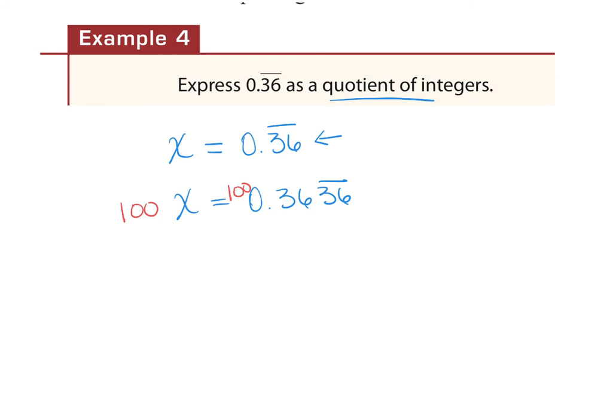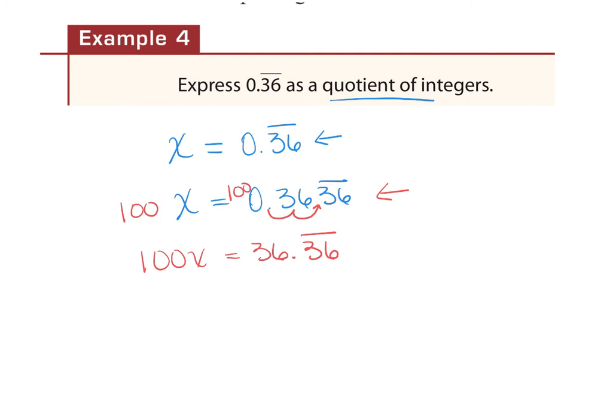So on this side, I'm going to get 100x. Multiplying a decimal by 100 just moves the decimal over 2 places. So this ends up being 36.36 repeating. That's all 100 does. It just moves it over.